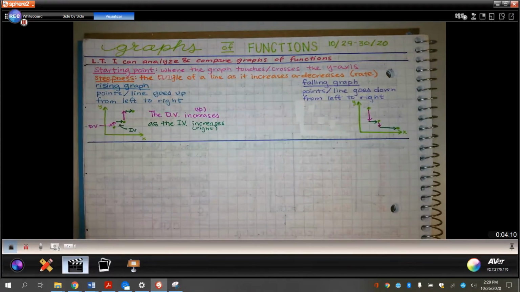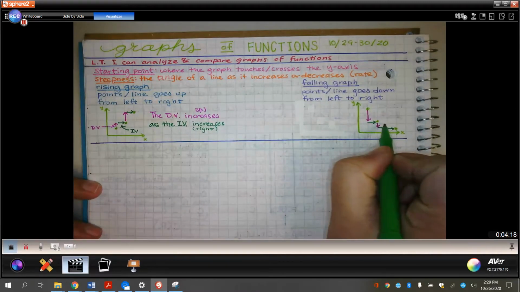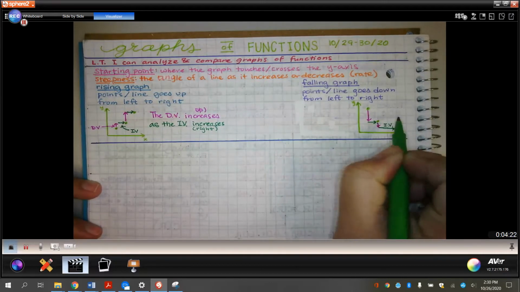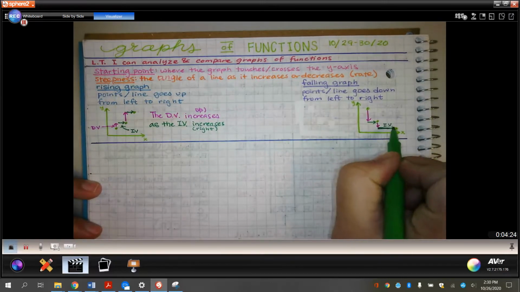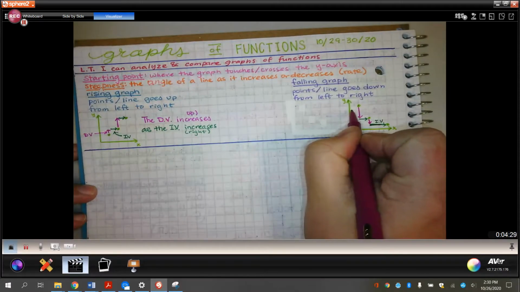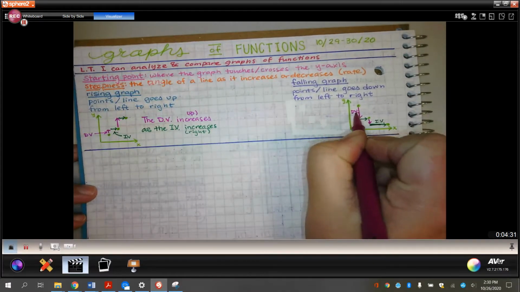That's okay. The amount that I go to the right every time is not always the same. That's okay. So again, these green or horizontal lines that go towards the right, those are your independent variable. And these ones that go up and down are parallel to the y-axis, so that's your dependent variable.